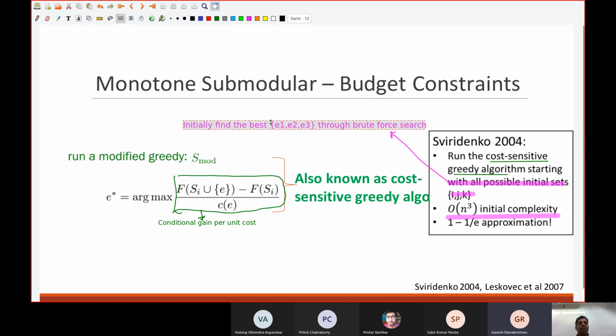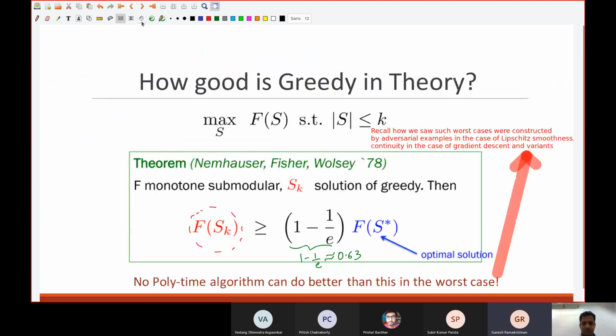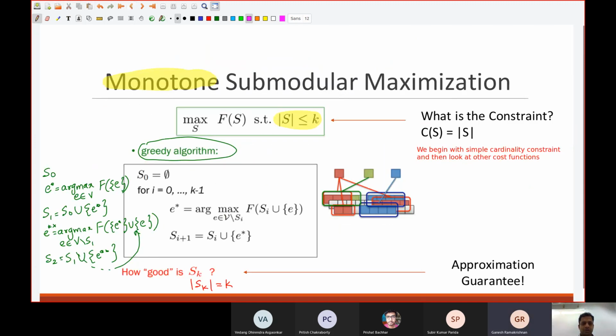But obviously, you're not very happy with this, right? Why? Because order n cube. I mean, what was the complexity of greedy? By the way, I didn't make that explicit. What's the complexity of greedy? N square. So what do you do at every time step? You scan all the n, right?